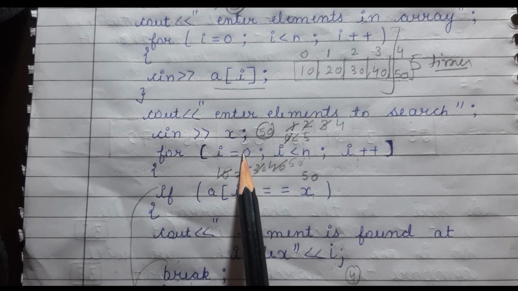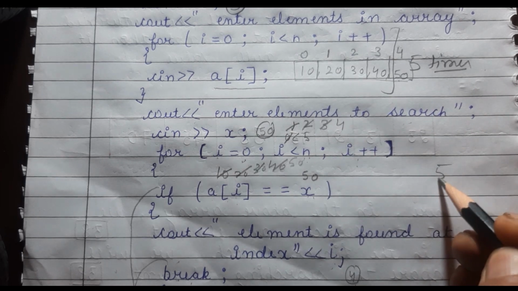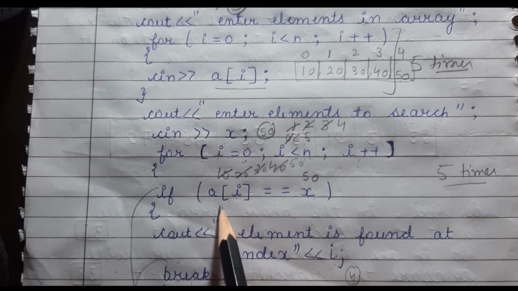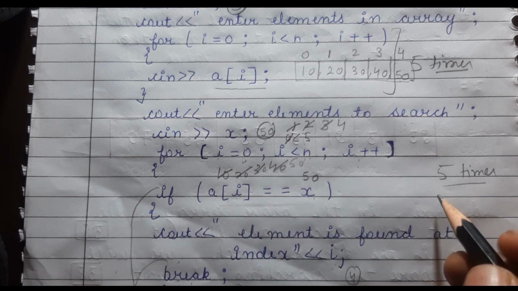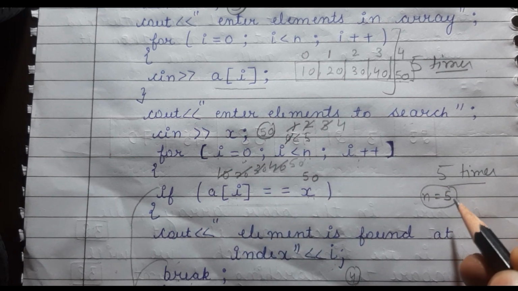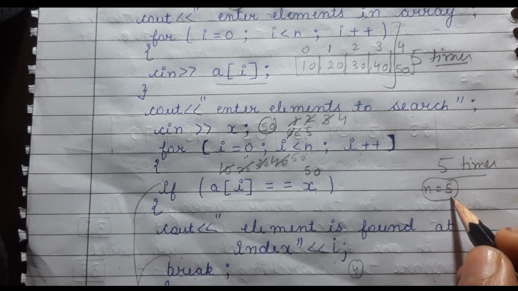I start from 0 and go until 4. So 0 to 4, how many times? 5 times. It means this loop is executed 5 times, and 5 times you compare this condition. And n also has a value 5 here. So the number of comparisons in this case is 5.